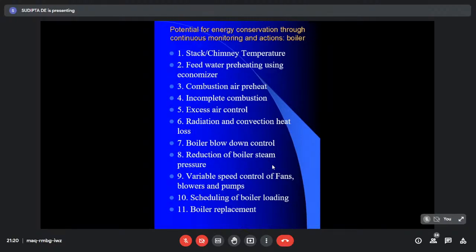This affects auxiliary power consumption of the boiler.